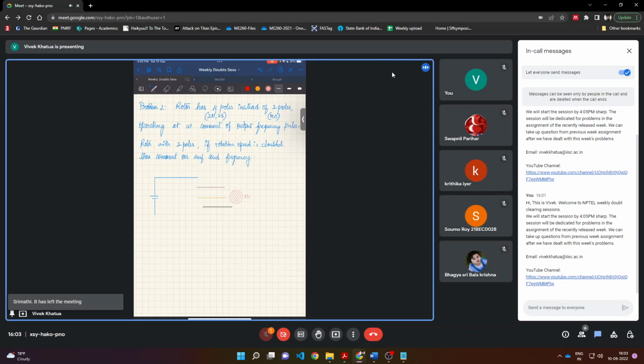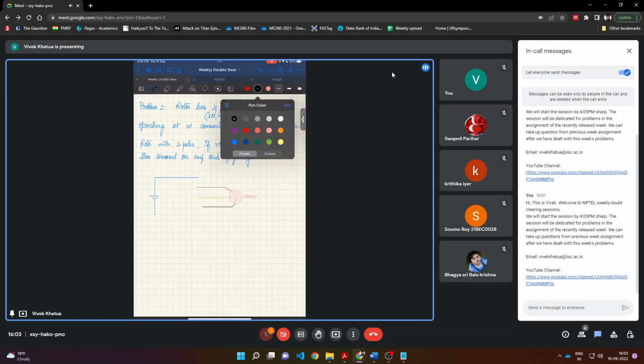This is our motor. So we have 3 windings, 3 phases.